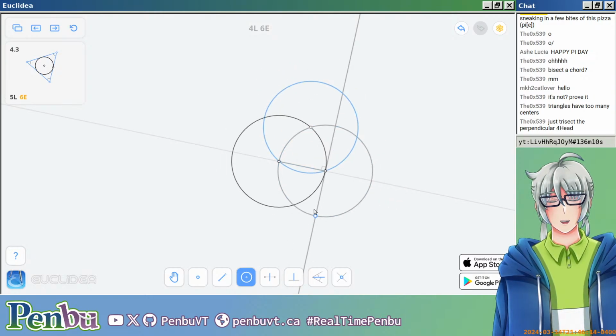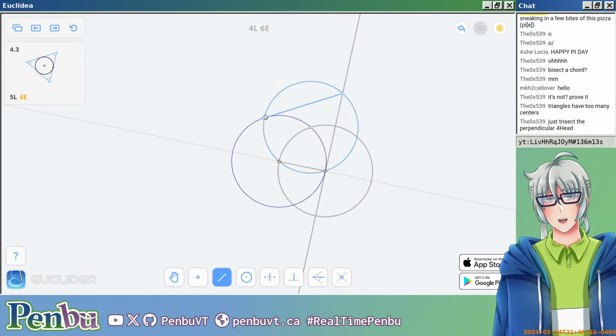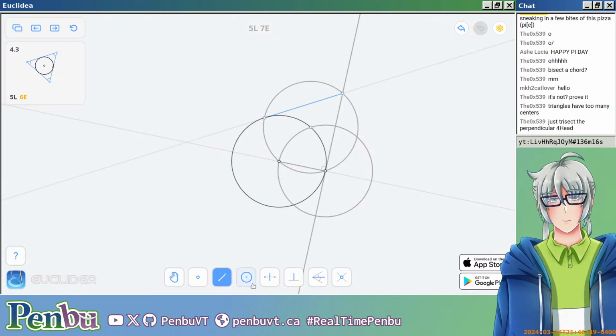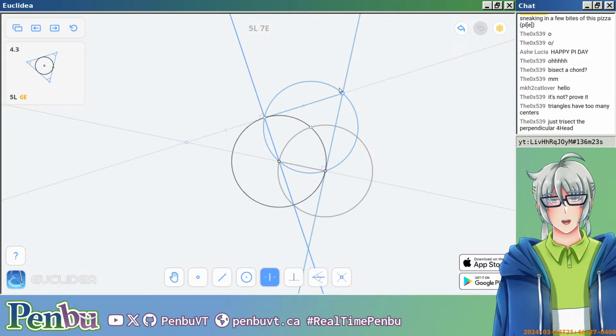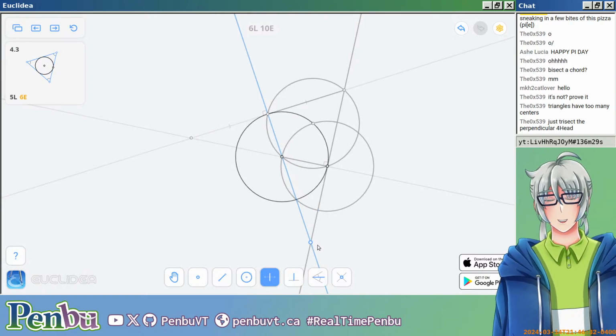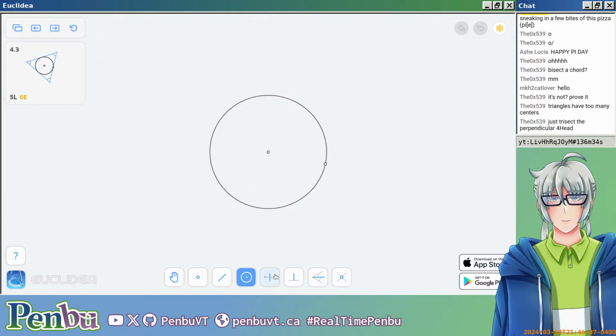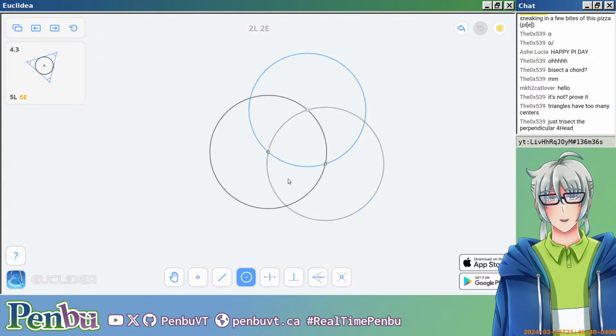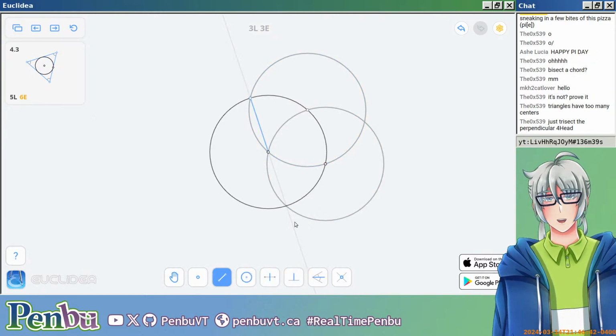But then we already know that there. I don't think that helps. We can get the bisector here. I guess we don't need a bisector there because we already have the... Oh. No, that doesn't do anything either because it's the same thing. If you draw a line from here to here, and then you draw a line from here to here, not there.